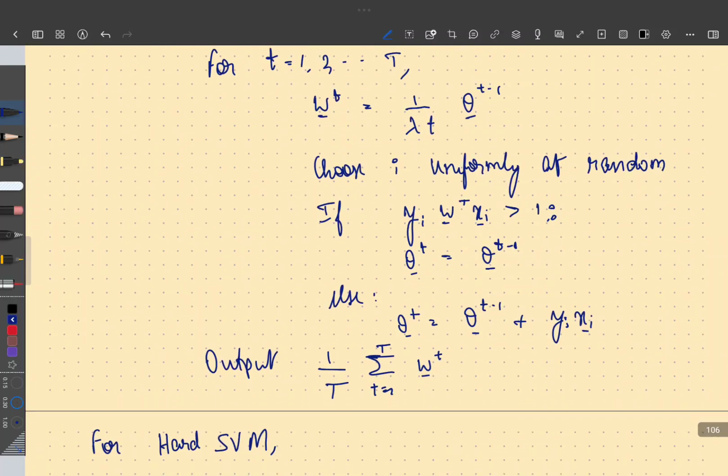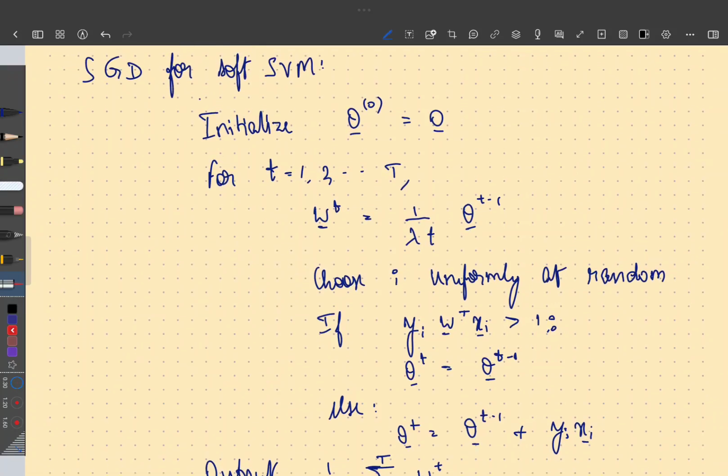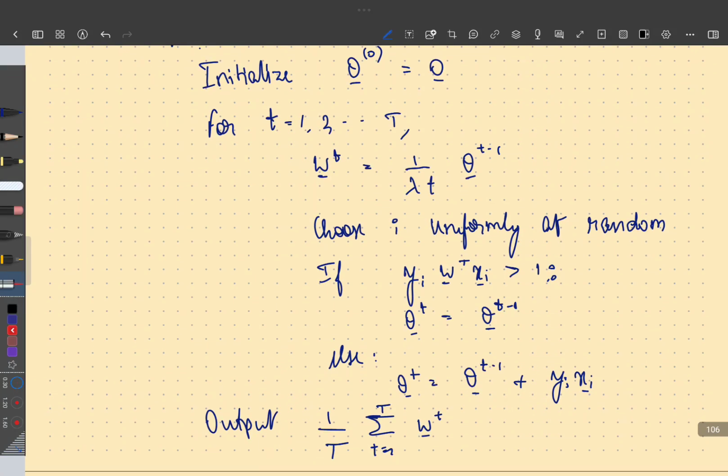That's exactly equal to the subgradient, right? Yi times xi if this condition is not satisfied. If yi times w transpose xi is less than 0, then the subgradient is equal to minus yi times xi. Right? It's exactly gradient descent or stochastic gradient descent, except that the learning rate is now taken care of over here.